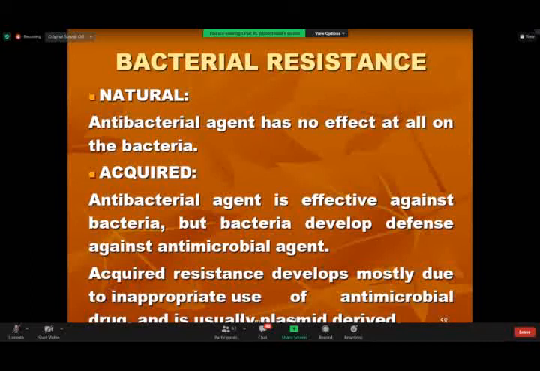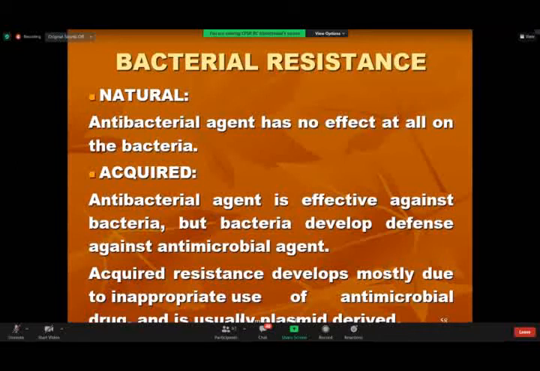Aminoglycosides typically cause the bactericidal effect on gram-negative bacteria. So if we use the wrong antimicrobial agent, it will have no effect on the bacteria, and therefore the infection will go on and be lethal. So natural resistance is the first thing that you should know.